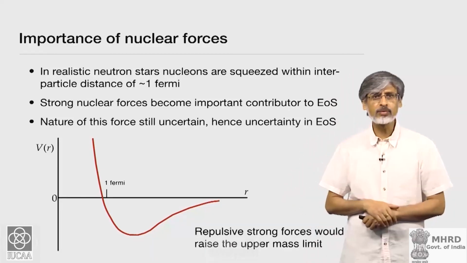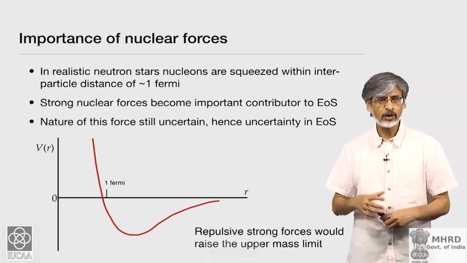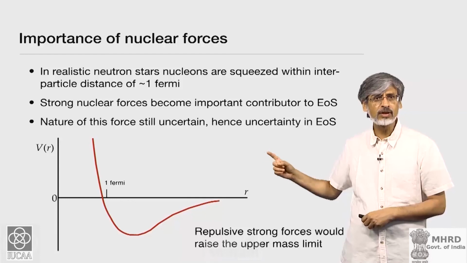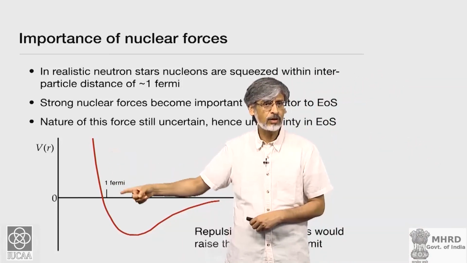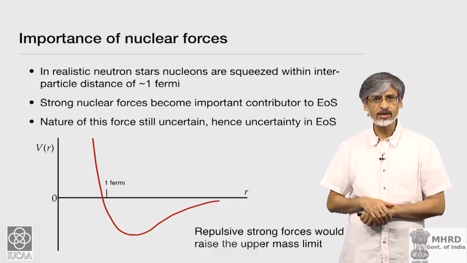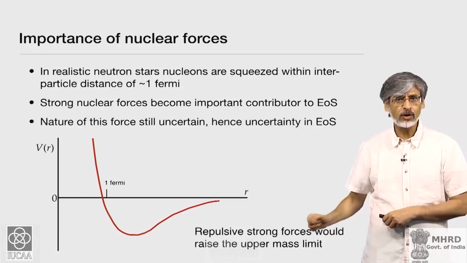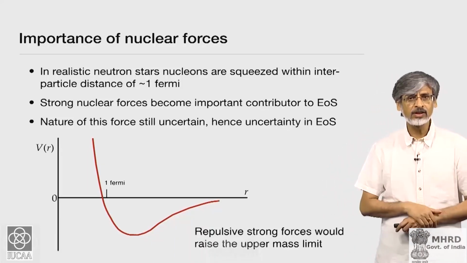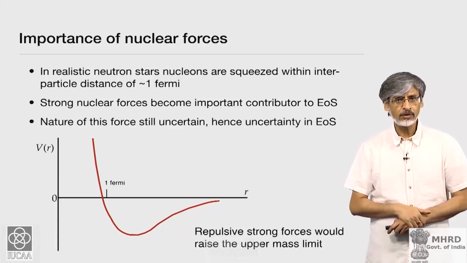So, strong nuclear forces become important contributors to the equation of state when you squeeze it to near nuclear densities, and the nature of this force, basically the slope of this line, is still not very well determined. So, therefore, the nature of this force is still a little uncertain, hence there is an uncertainty in the equation of state. So, the repulsive strong forces raise the upper mass limit beyond what the neutron degeneracy alone could provide, and thus hold up realistic neutron stars.